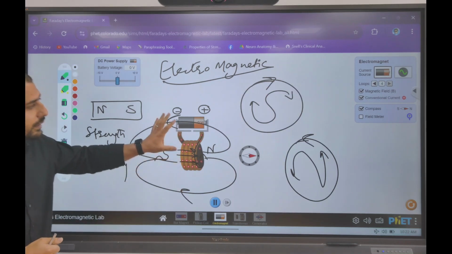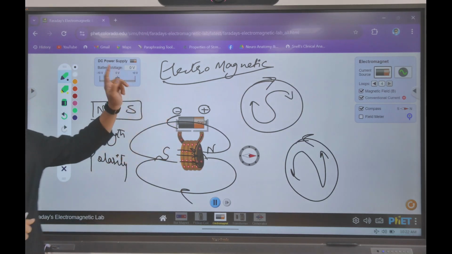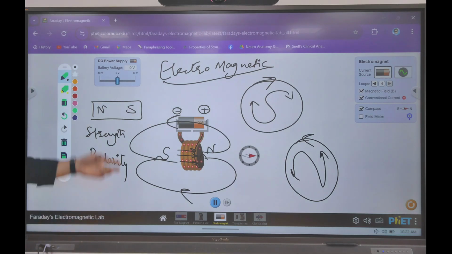Now what is happening? First of all, take a picture because everything will get erased. Now I'll show the simulation after this. Everyone, did you click the picture?